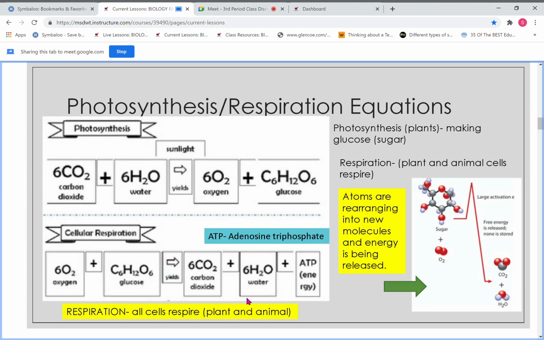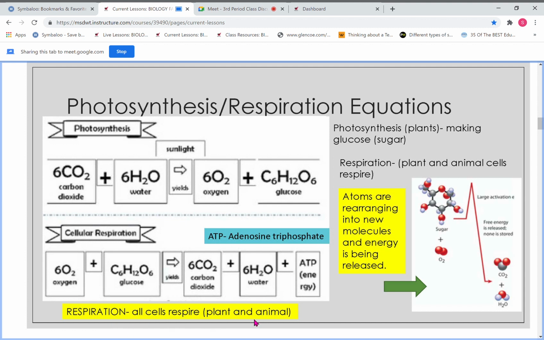Same as photosynthesis, backwards. But in the end, it creates ATP. So in cellular respiration, in the mitochondria, we have 6 oxygen and 1 sugar molecule creating 6 carbon dioxides and 6 waters that make ATP, adenosine triphosphate.